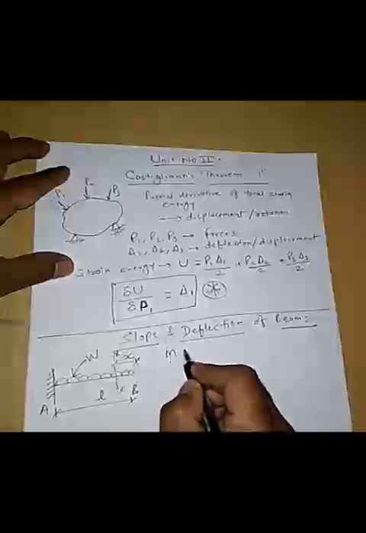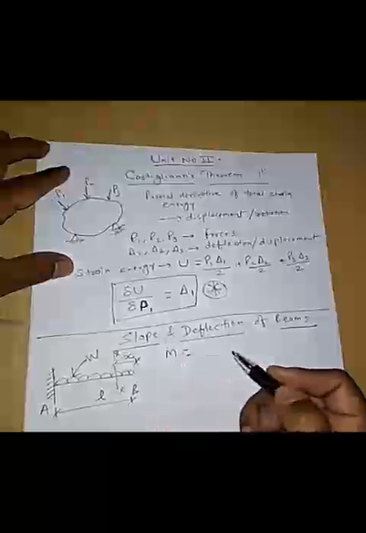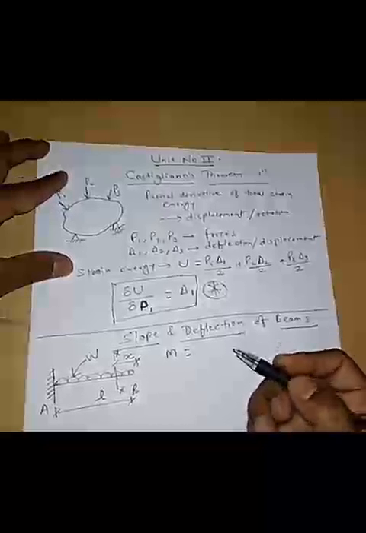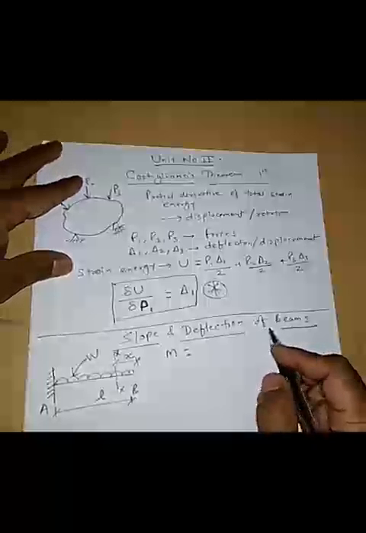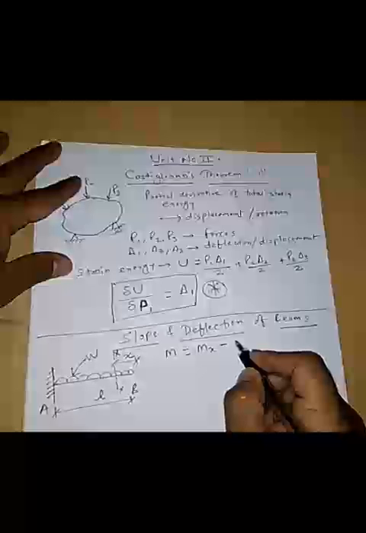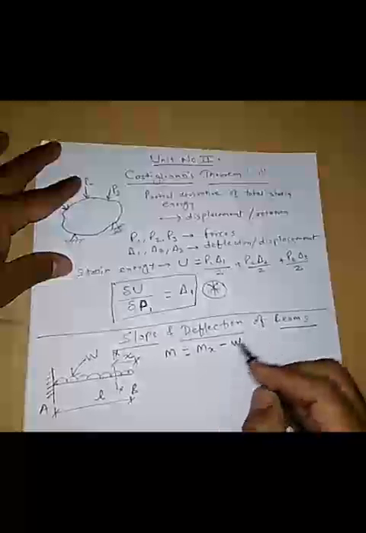So let us take M as the total bending moment at the section at distance x from B. M equals Mx minus Wx, W into x, because the moment is also going to act here.